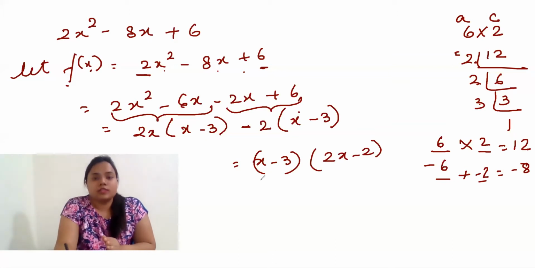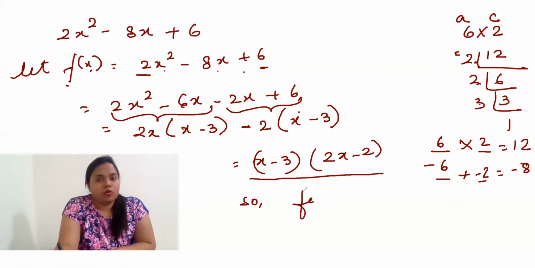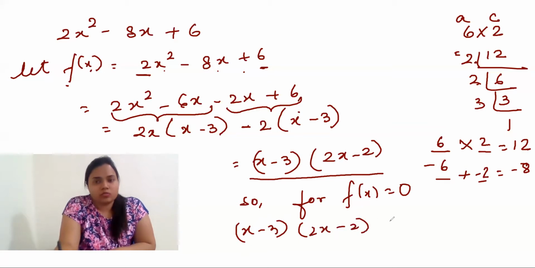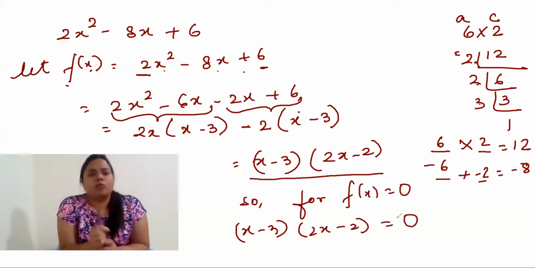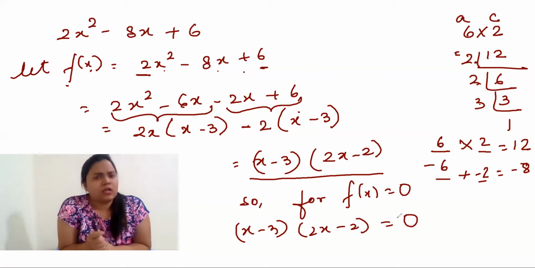Now I want this whole term to be 0. So for f(x) to be 0, we should get x minus 3 times 2x minus 2 equal to 0. Now tell me, whenever we are multiplying two numbers, when is the chance that we get the answer as 0?